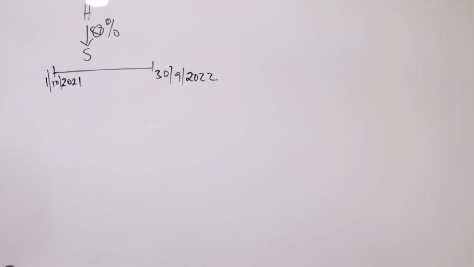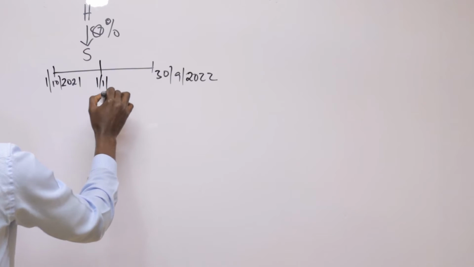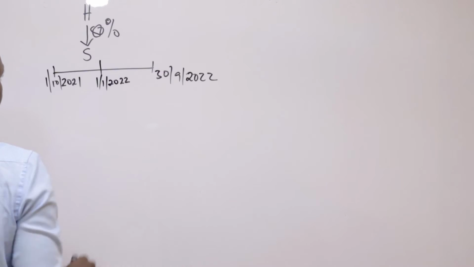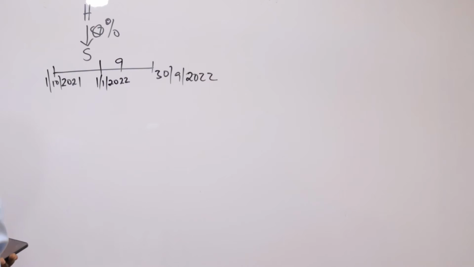The subsidiary was acquired in January. That is what we were told at the start of the question. It was acquired in January 2022, meaning that it's a 9-month subsidiary.